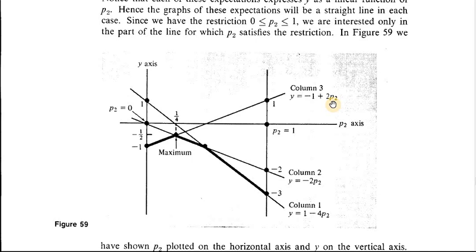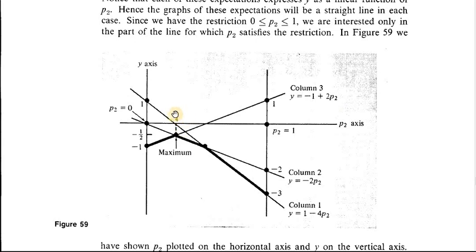Well, the column player wants to minimize his losses, because Y is the payoff to the row player. So this solid line represents the payoff if the column player chooses his best strategy against the row player's mixed strategy.